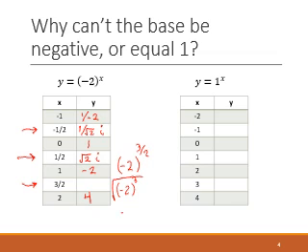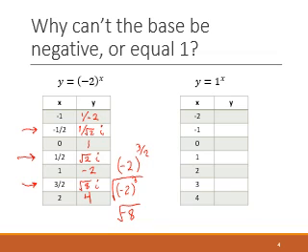Well, -2 cubed would be -8, and the square root of -8, once again, is going to be an imaginary number. So you see, that's the real problem with negative bases, is we would keep getting imaginary values which don't show up on the graph. And so that's why you can't have a function with a negative base.